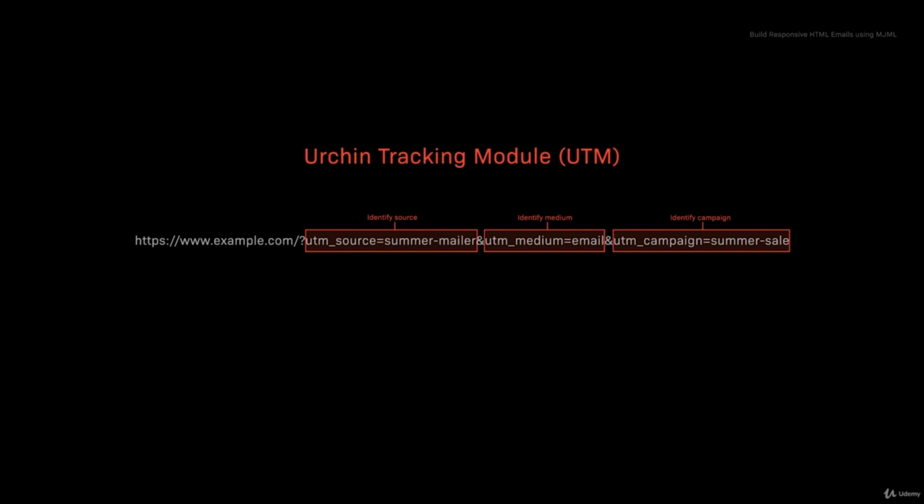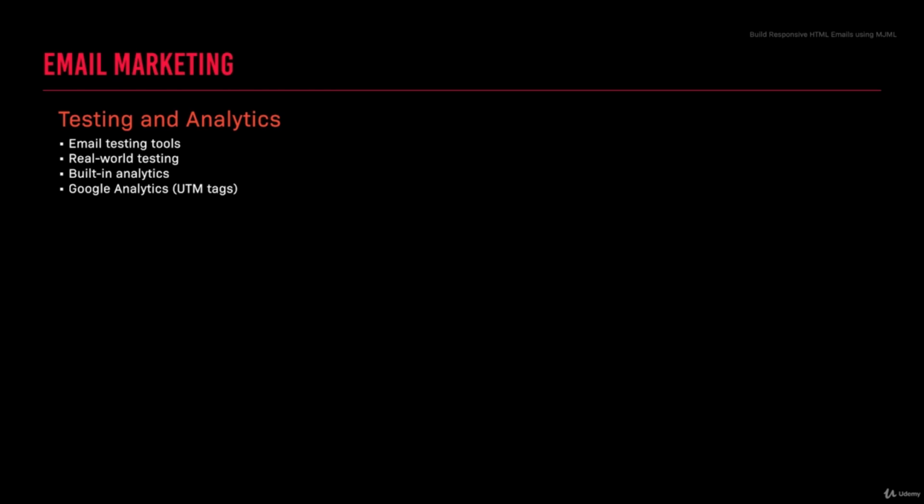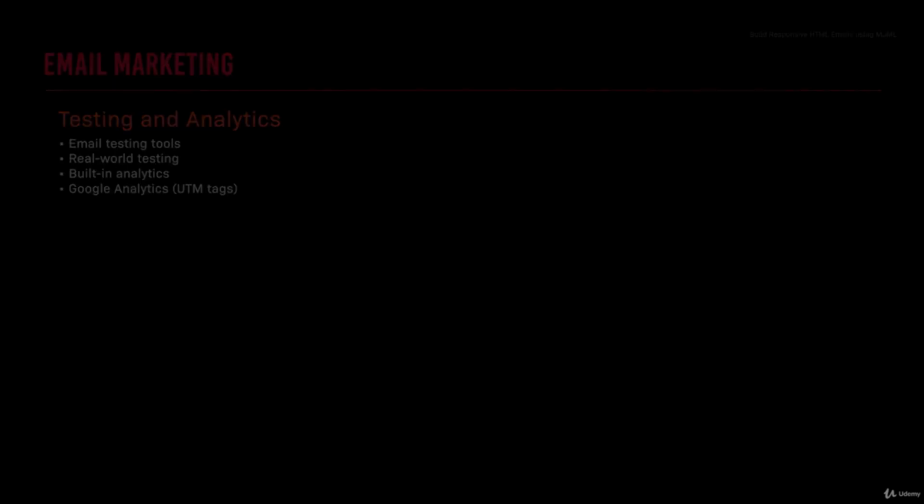And with this, you are able to track the subscriber beyond the inbox. So if a call to action is clicked, using a UTM tag, you're able to see and gather analytics beyond the inbox. So that's a brief overview of testing and analytics.